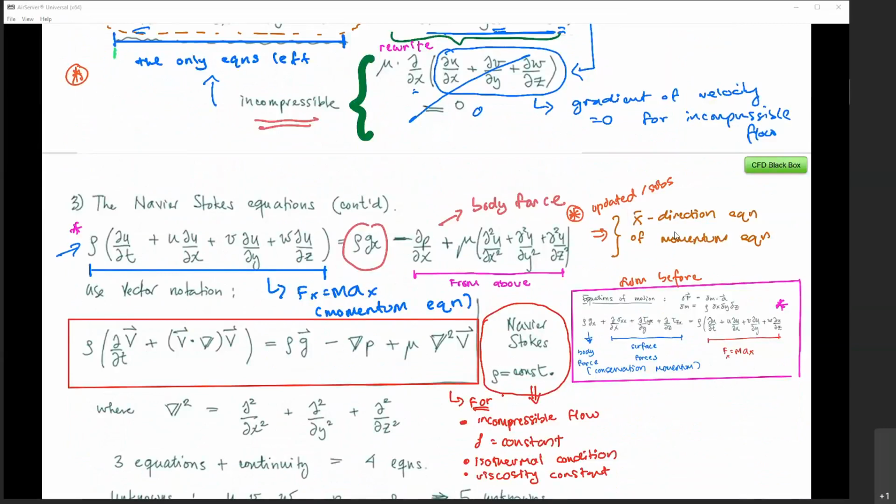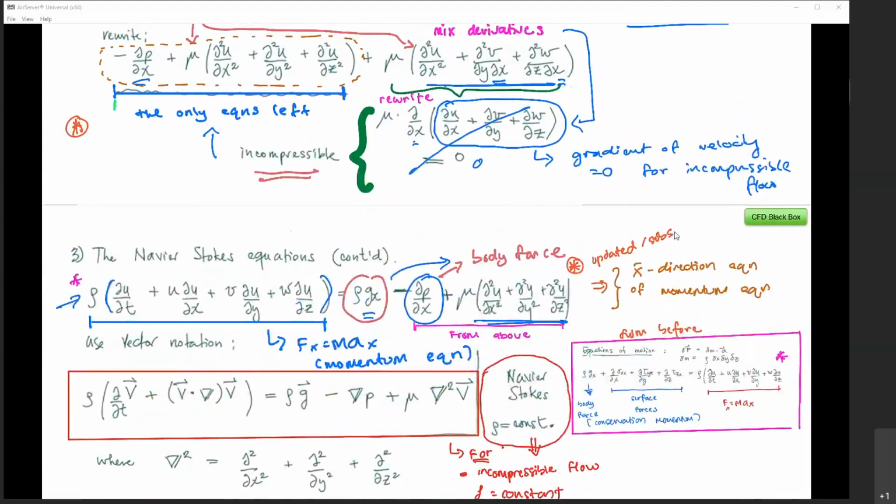So we have rho multiplied by the term in the bracket here, which is equal to rho gx, and that's the gravity force, the body force. This is the dp dx, the pressure force. It should be here, the body force, gravity, and then multiplied by the terms here. This is from before.